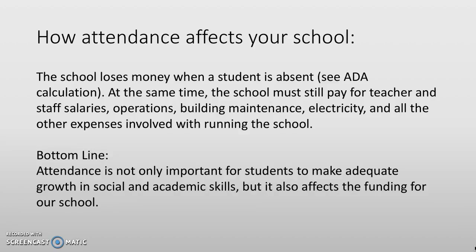At the same time, the school must still pay for teacher and staff salaries, operations, building maintenance, electricity, and other expenses involved with running a school. The bottom line is attendance is not only important for students to make adequate growth in social and academic skills, but it also affects the funding for our school.